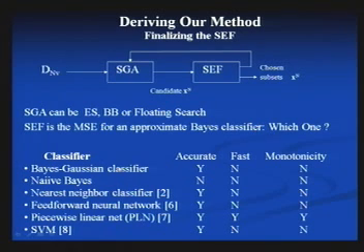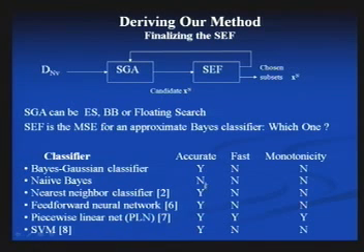There are many classifiers that people know can be used to approximate a Bayes classifier: a Bayes Gaussian classifier, a naive Bayes, nearest neighbor classifiers, feed-forward neural nets, piecewise linear network classifiers, even support vector machines.